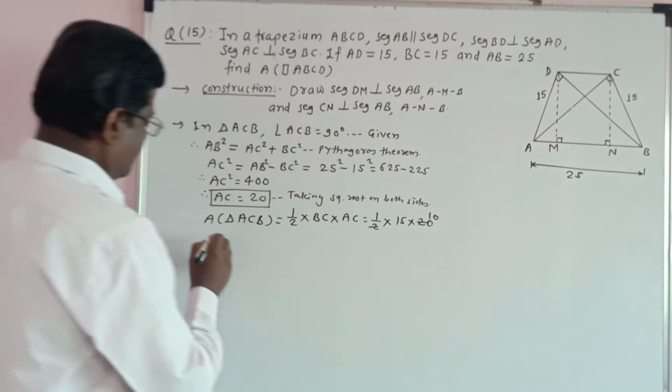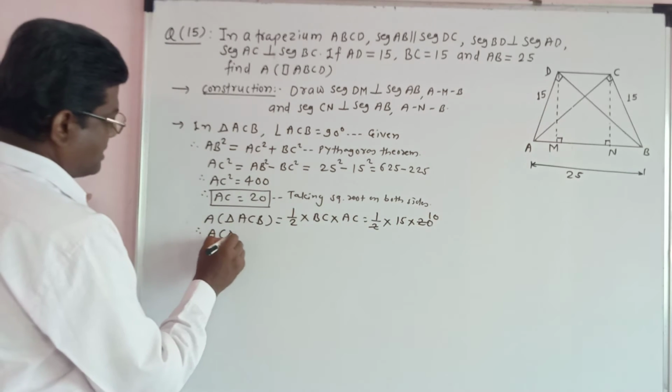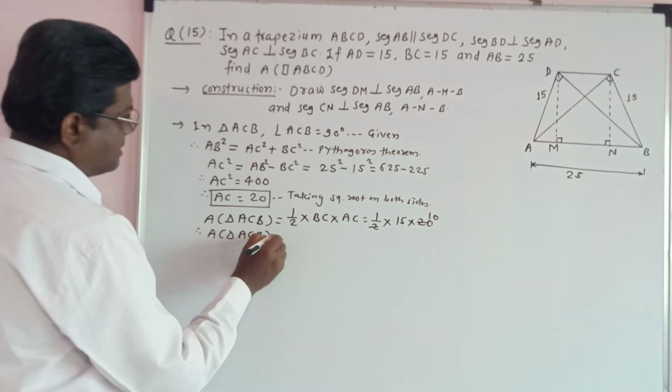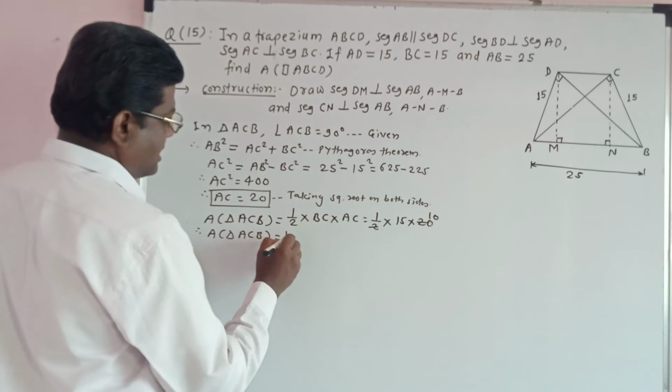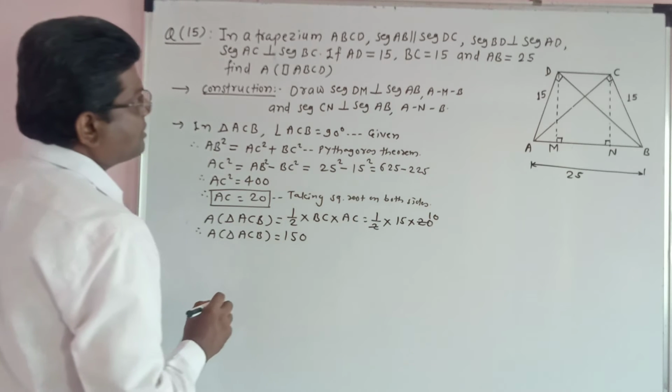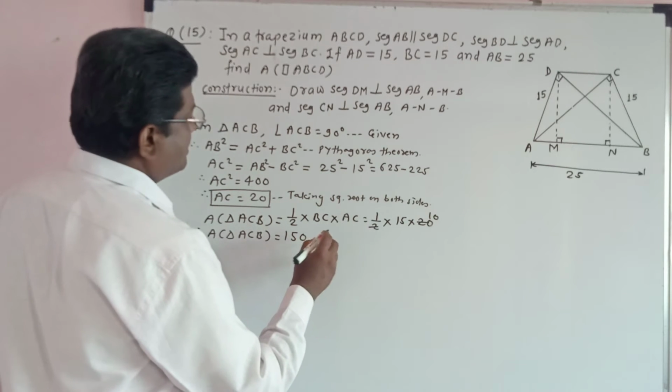Therefore, area of triangle ACB is equal to 15 into 10, 150 square units.